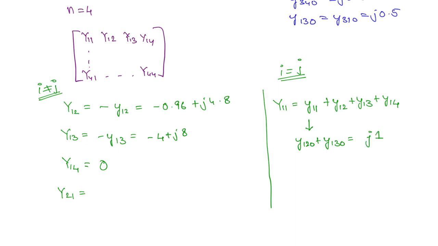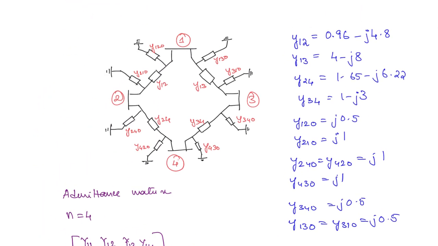So substituting all other values, you are going to get y11 equal to 4.96 minus j11.8. In a similar manner, you can find out y22, which is equal to y21 plus y22 plus y23 plus y24.